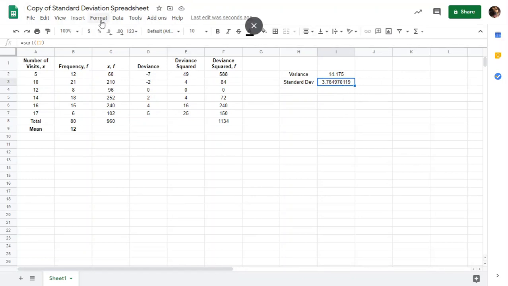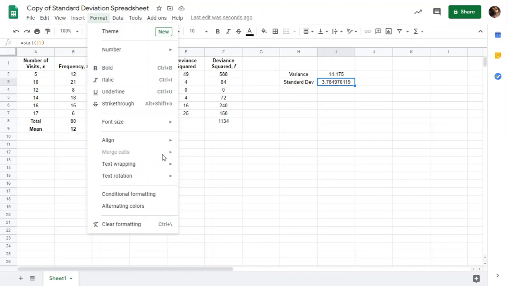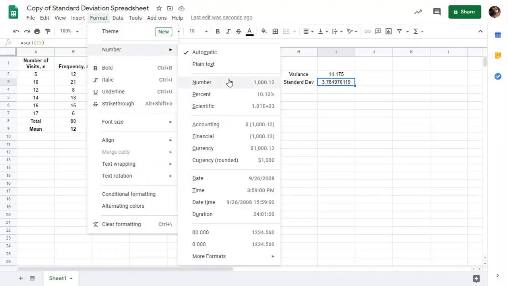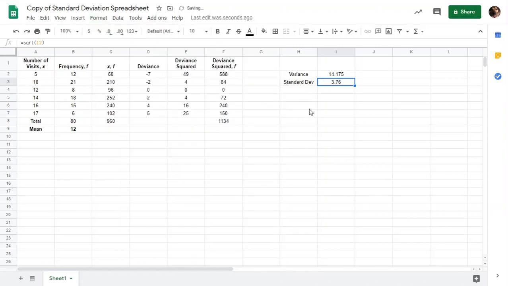So I'm going to go to Format, Number, and how about this number right here? It looks like 2 decimal places. So our standard deviation of this data is 3.76. Our mean is 12, but our spread around that mean is about 3.76, and we'll talk more about what that means in 1.4 when we get into z-scores.